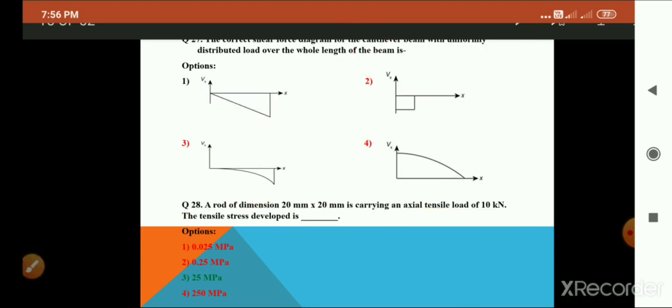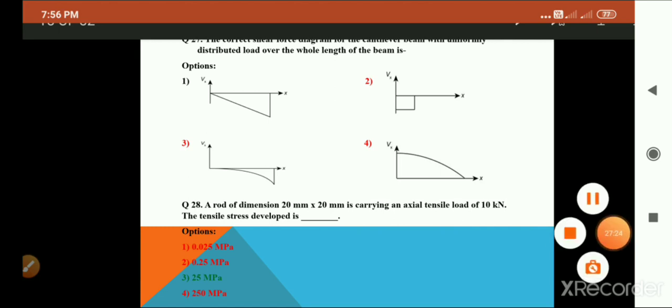Let's come to question number 28. A rod of dimension 20 mm cross 20 mm is carrying an axial tensile load of 10 kilonewton. The tensile stress developed is. It's a very simple question, just find the stress.